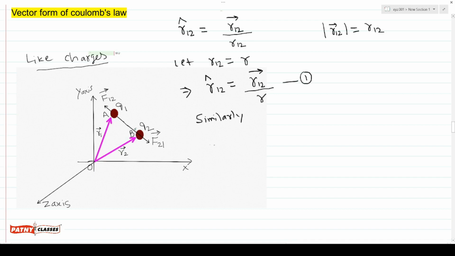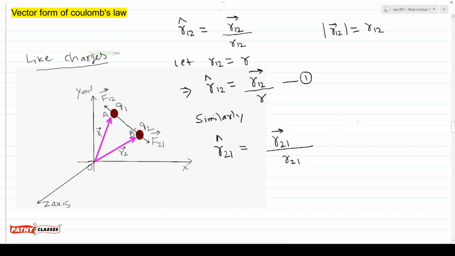Similarly, vector R21 cap, the unit vector in the direction of BA, equals vector R21 upon the magnitude of vector R21.